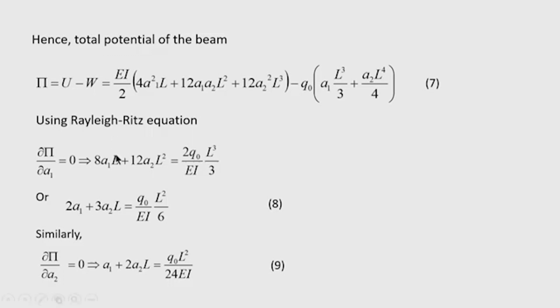Then we get del pi by del a 1 equal to zero, giving 8 A1 L plus 12 A2 L square equal to 2 Q naught by E I times L cube by 3. Then similarly, we differentiate del pi by del A2 and we get A1 plus 2 A2 L equal to Q naught L square by 24 E I. You can see that equation 8 and equation 9 contain two unknown quantities A1 and A2, and these can be solved easily.